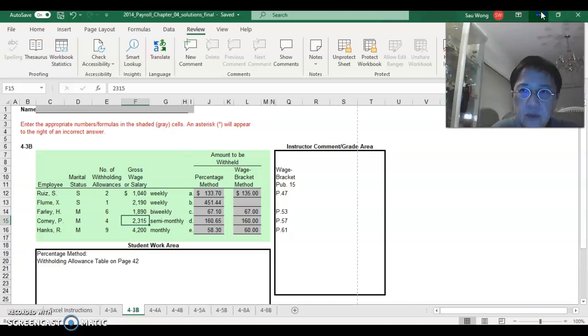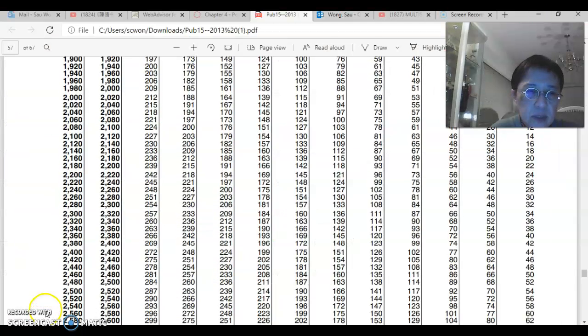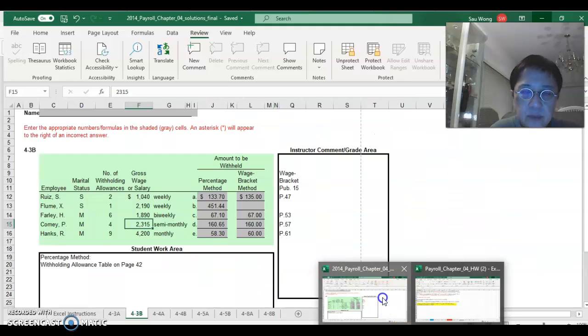$2,315. So we have to look at the line between 2,320 and 2,340, that line.